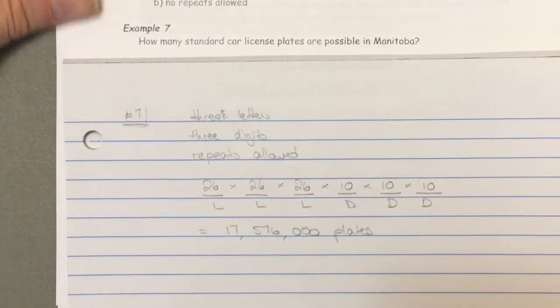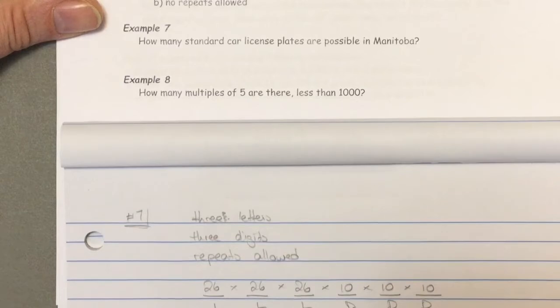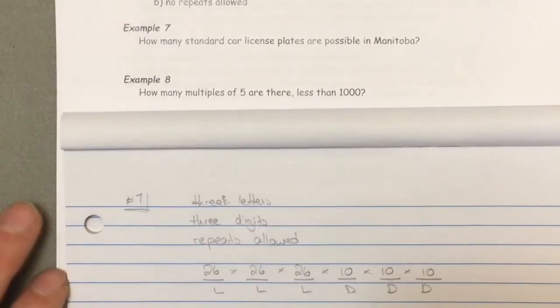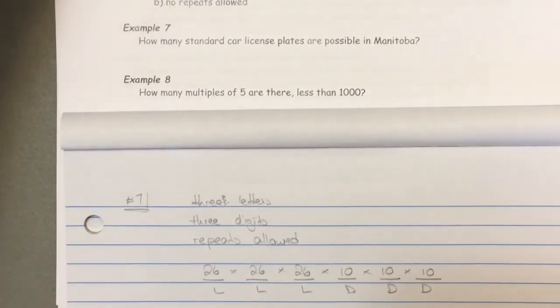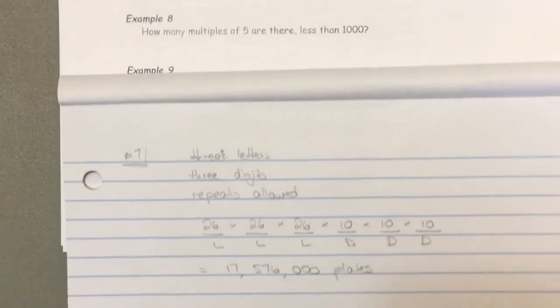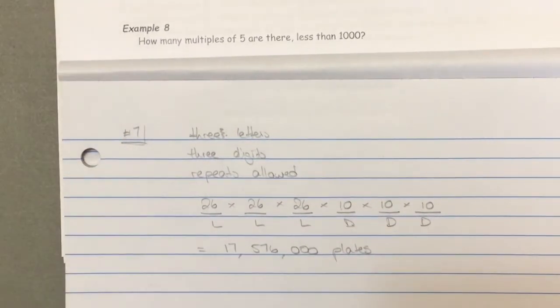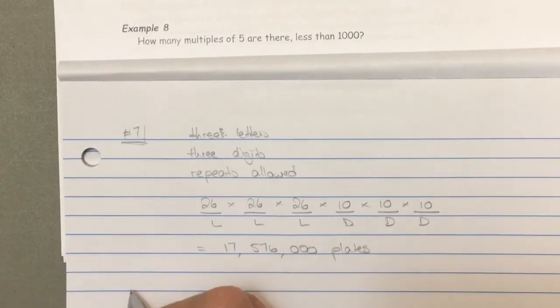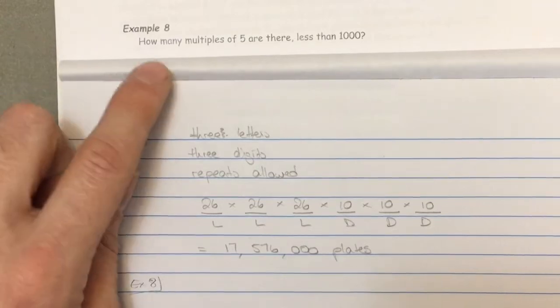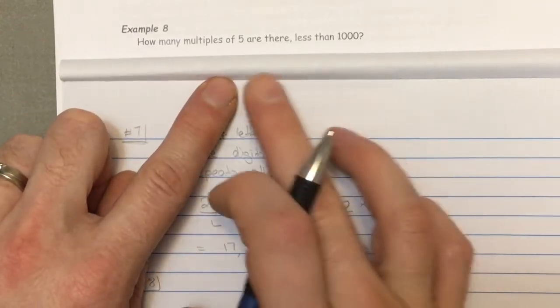All right, example number 8. How many multiples of 5 are there that are less than 1,000? So here we get into a little bit of an interesting concept again. And we want to find multiples of 5 less than 1,000.